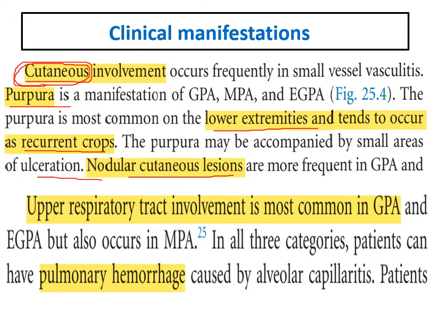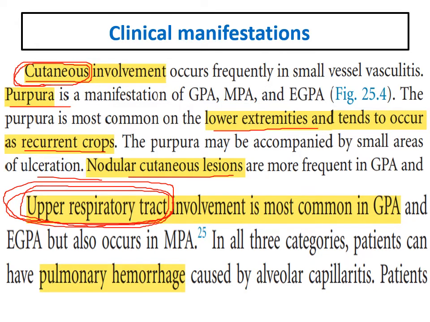Respiratory tract affection is mainly divided into upper respiratory tract affection and lower respiratory tract affection. The upper respiratory tract affection, never to forget, is very, very common with granulomatosis with polyangiitis or Wegener. So again, upper respiratory tract affection is very common with Wegener, but it is less common with Churg-Strauss and microscopic.